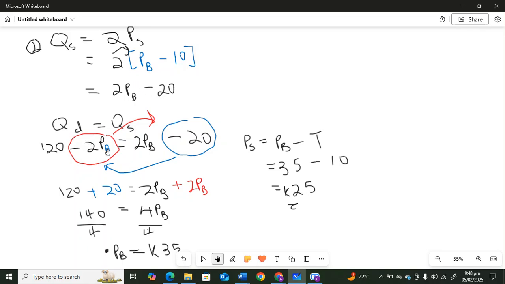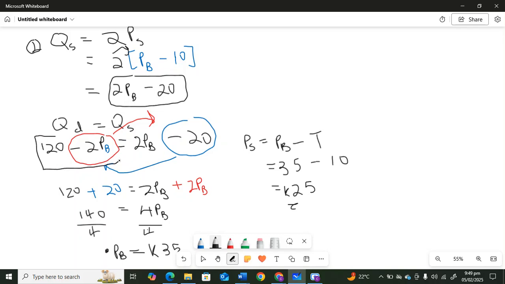You get the same answer. Some of you put it in the adjusted supply function, replace PB with 35. Some of you put it in this demand function, where there's a PB, replace it with 35. And then us will put it in the PS, the original supply function, which was QS equals 2PS. And we found our PS, it is 25 kwacha.